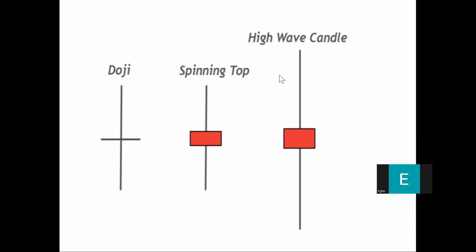So anytime you see these candlesticks on your chart, you just know that the market is at a level where the buyers and the sellers are indecisive. The sellers are still contemplating whether to push the price downward again, or just rest for a moment.